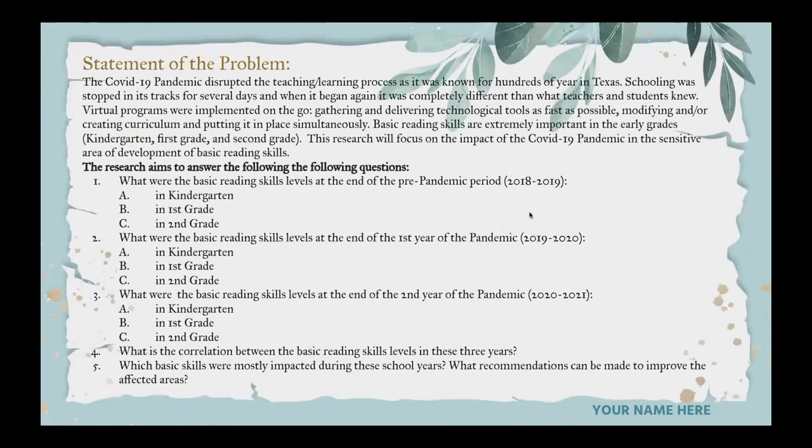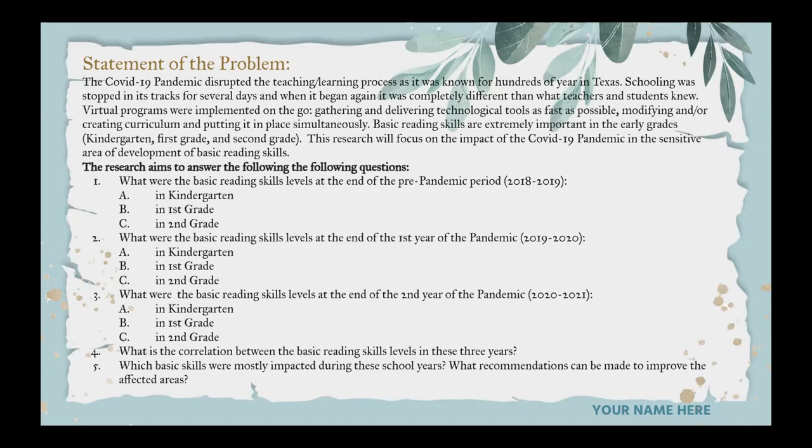Actually, I really like the art of questioning, the art of presenting your statement of the problem. In this type of statement of the problem, you want to see the status of the reading skill level of the students from 2018 to 2021.